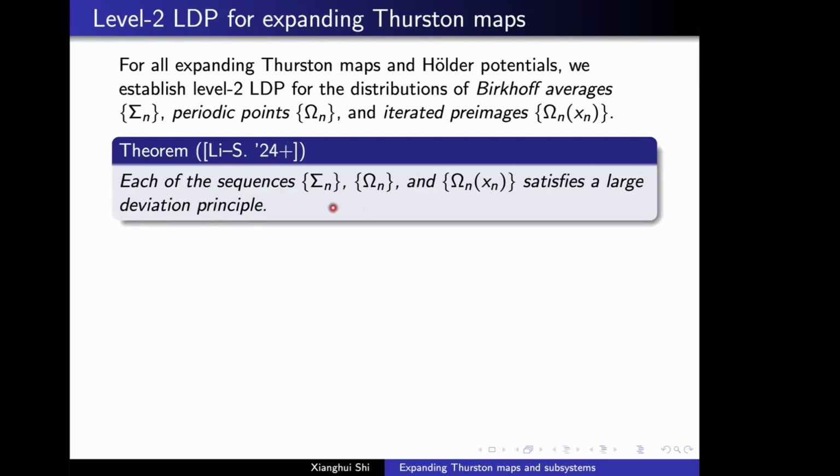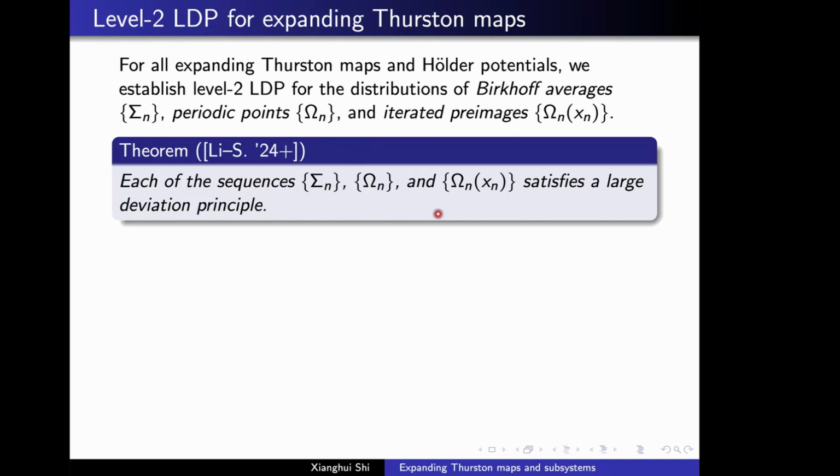Actually, they satisfy a large deviation principle with the same rate function. The formal definitions for those three sequences are a little bit complicated, so I will not list them.